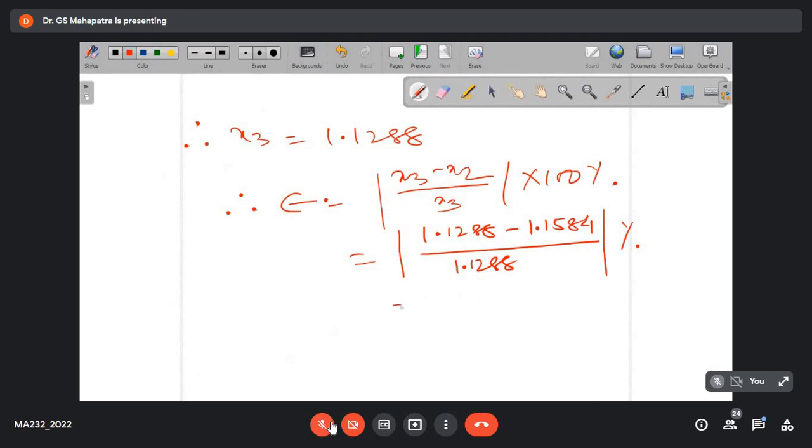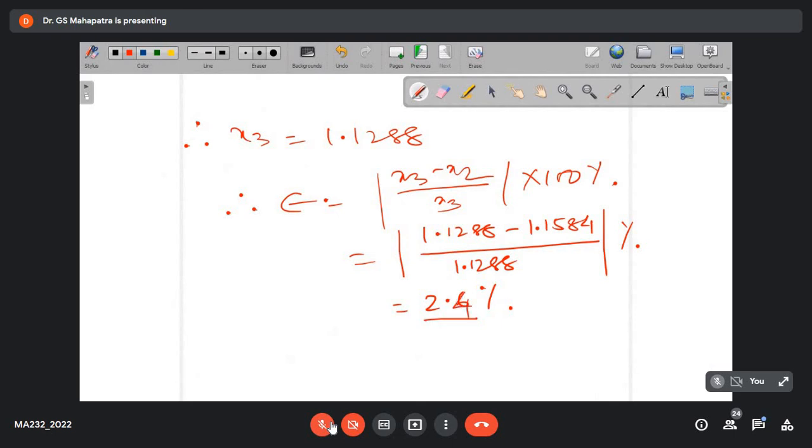What is the answer? 2.6%. It's fine, but till you need one more iteration. Okay, so this one is fine. 2.4 or 2.6% is fine.